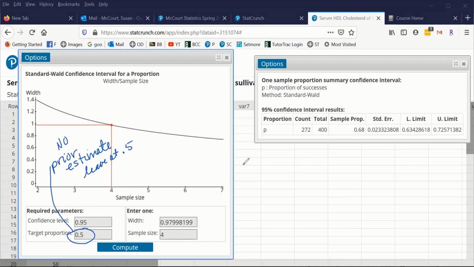The width we wanted within 3%, which is 0.03. So our width, we double that to be 0.06 or 6%.